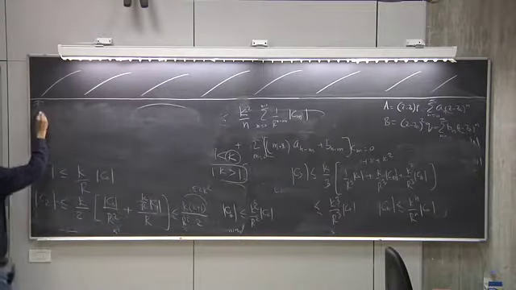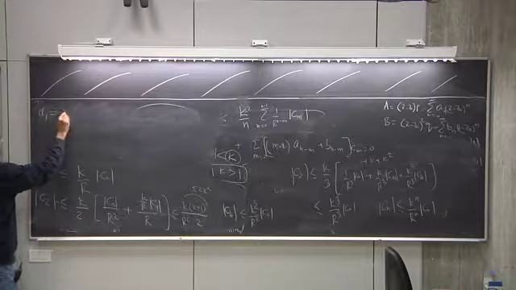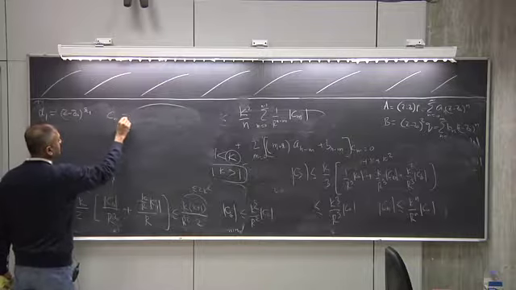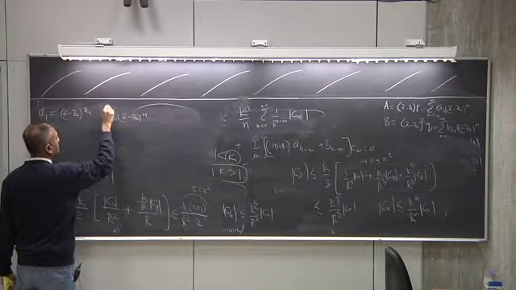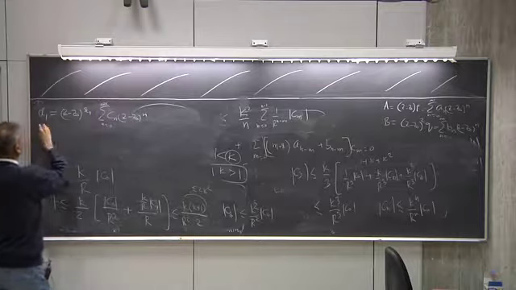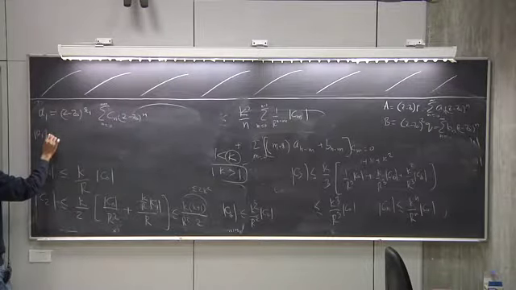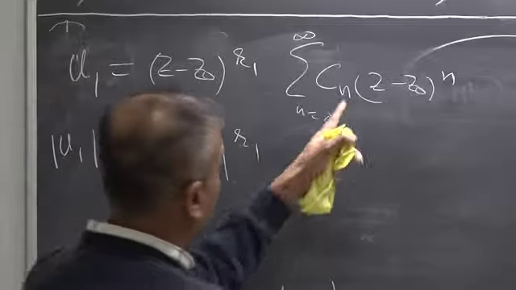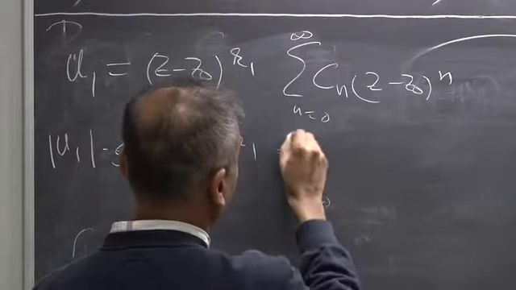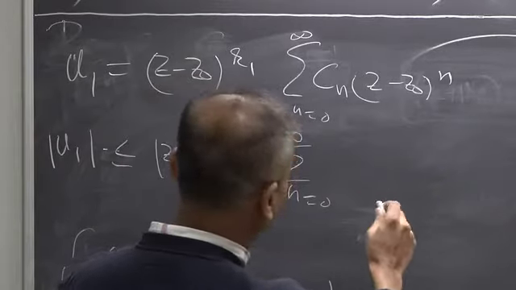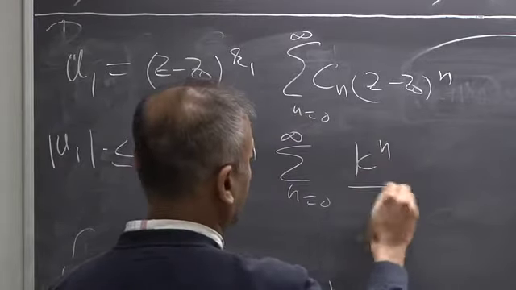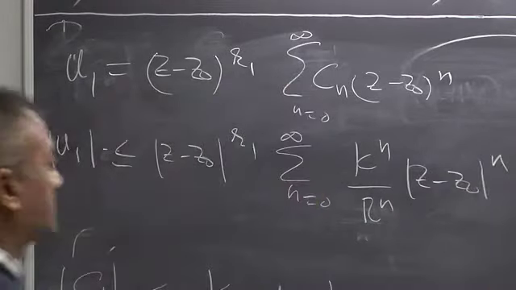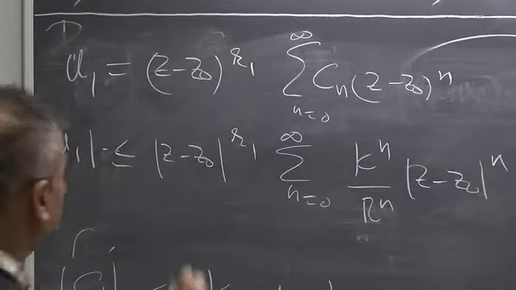Now look back at the expression u1, which was z minus z0 to the power of r1 times the sum of cn times z minus z0 to the n. So the modulus of u1 is less than or equal to the modulus of z minus z0 to the r1, and then the sum over n equal to 0 to infinity of the modulus of cn, which we are saying is less than kappa to the n over r to the n, times z minus z0 to the n, with C0 as a common factor.